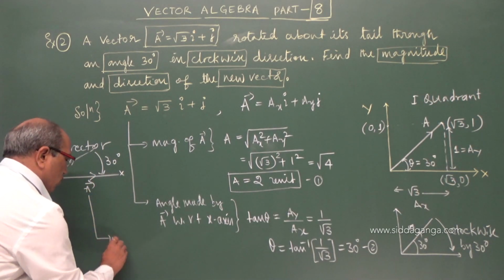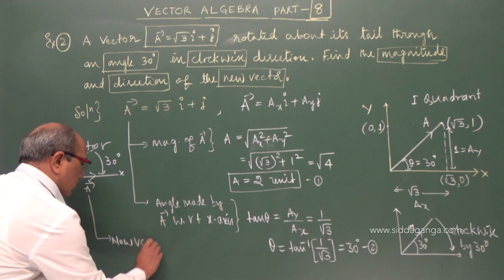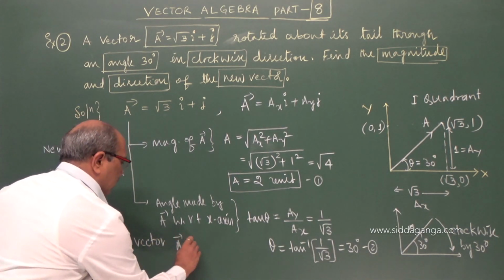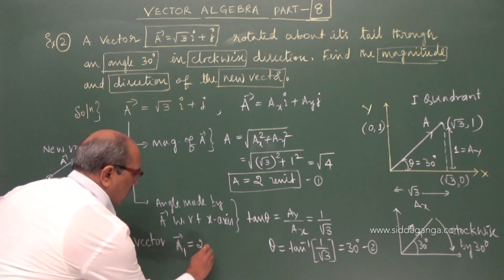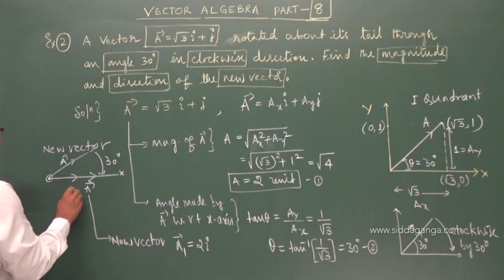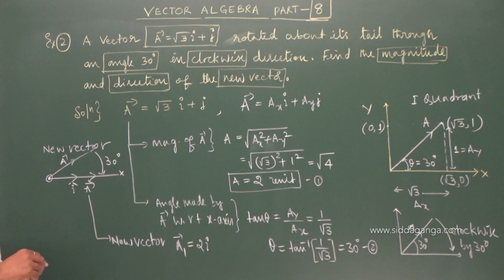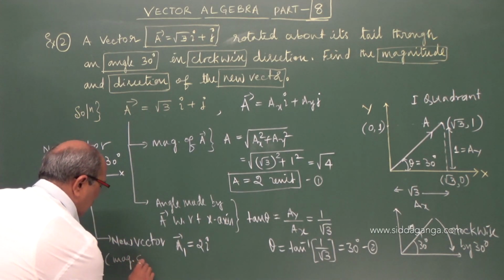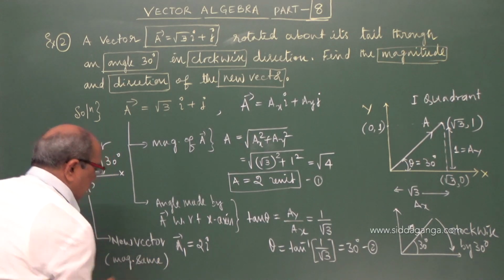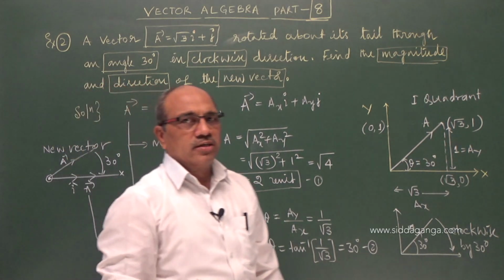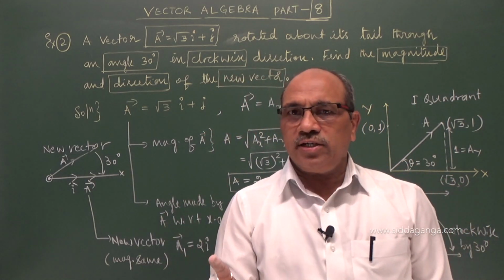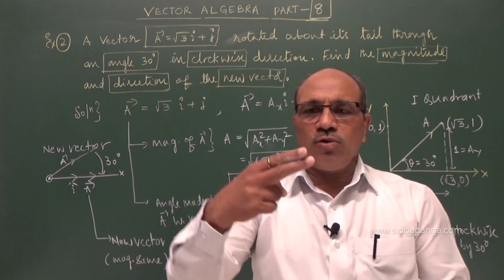Now what is the new vector? The new vector A1 you can write as 2i, because the direction is i. Remember, the magnitude is the same. When you rotate a vector about its tail, the magnitude does not change.